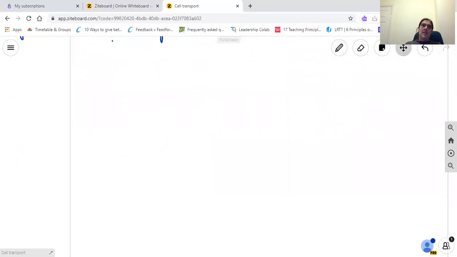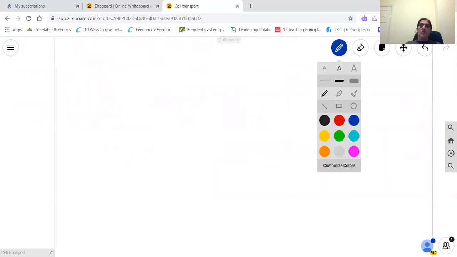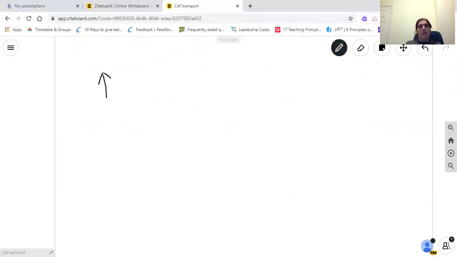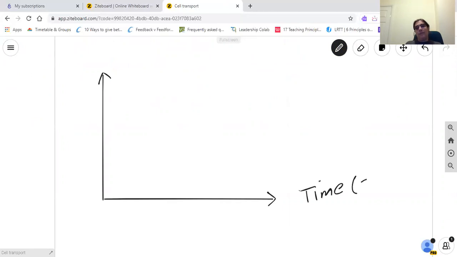Now, the last thing I want to think about is some graphs, because they do chuck graphs at you in this topic, and you need to be able to recognize what you're looking at. So a common graph to have, and there are two graphs that I want to pay attention to. So the first graph is where you have time along the bottom, and you have concentration inside the cell, for example, along the side.